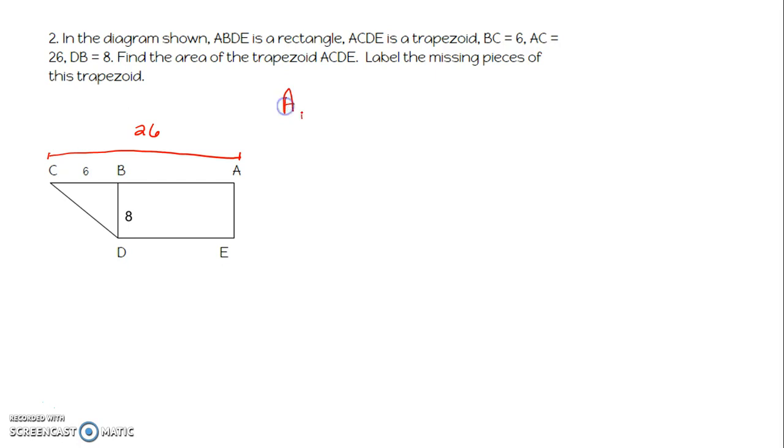So your area of your trapezoid is equal to the area of rectangle ABDE plus the area of triangle CBD. And when you add those two areas together, your rectangle and your triangle, you'll be able to get the area of the entire trapezoid.